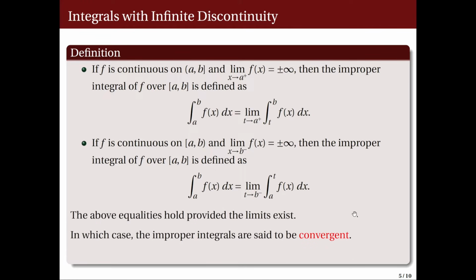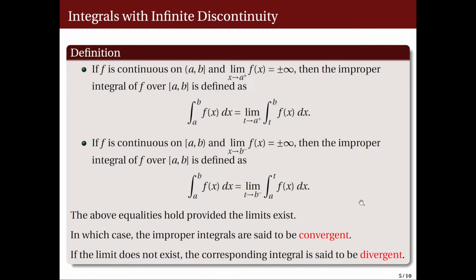Of course, this limit must exist for this improper integral to have a value. In such a case, we say that the improper integral is convergent. But in the case that the limit does not exist or is infinite, we say that the given improper integral is divergent.